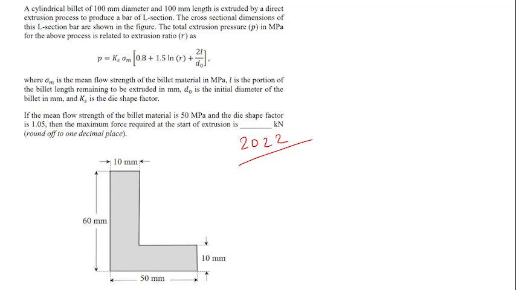Read the question and try to understand what it is asking. They have also mentioned the formula. They are asking for the maximum force required, and the formula for the pressure is already given. So all you have to do is find the pressure and then multiply it by the original cross-section area. Try to solve.